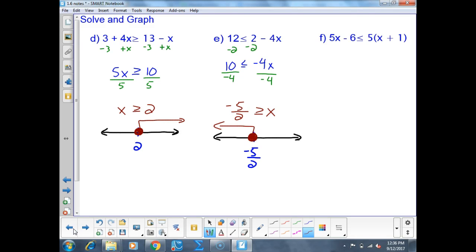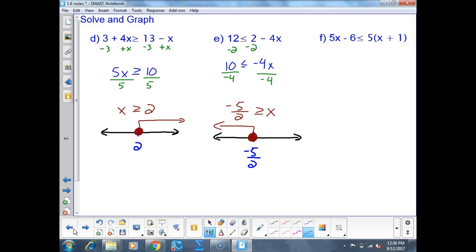But in E, okay, I subtracted 2 from both sides. Got 10 is less than or equal to negative 4x. Divided both sides by negative 4, which flipped my sign. Okay, so my sign became greater than. And then 10 divided by negative 4, I'm leaving that as negative 5/2. Okay?